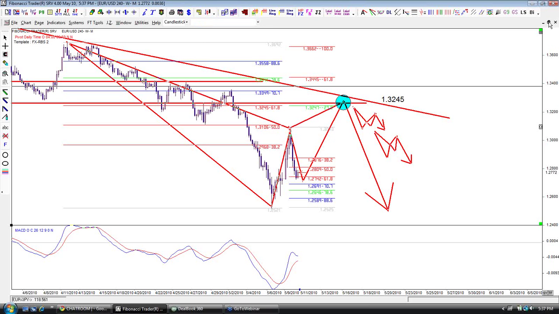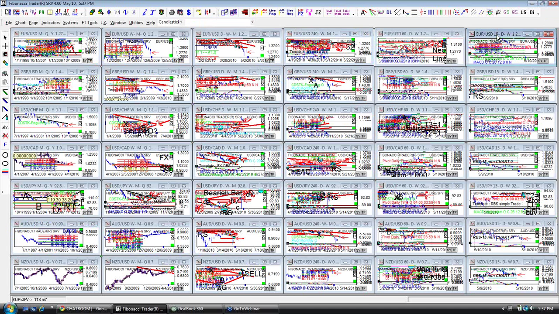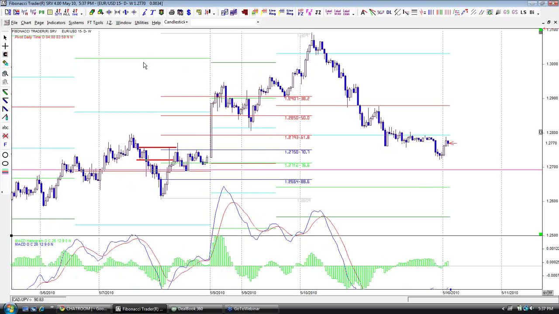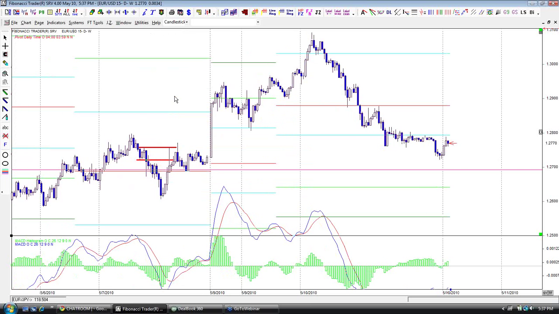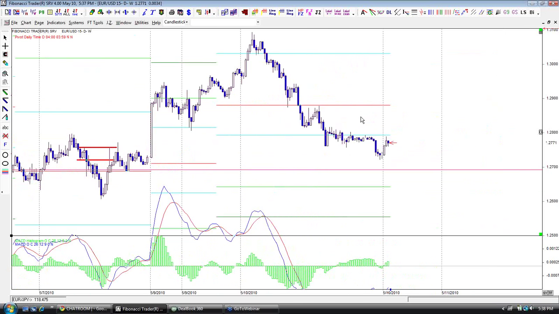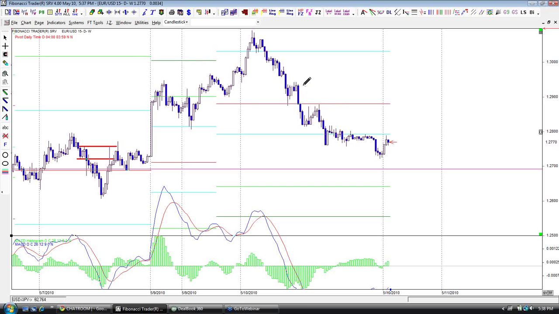Now, if I go and see a pennant or a flag somewhere, of course I can trade it. Now this is the Sunday candle. Nobody would have been able to trade that. But we can always trade small patterns.